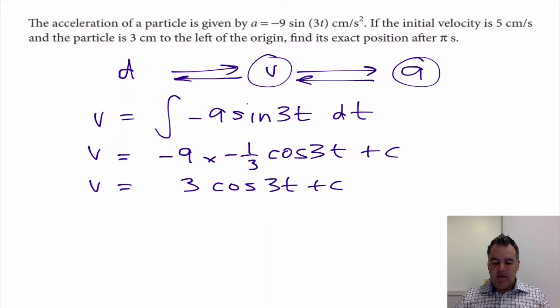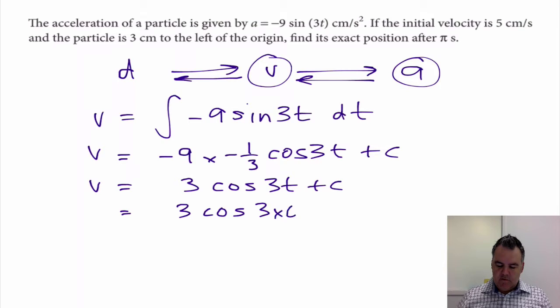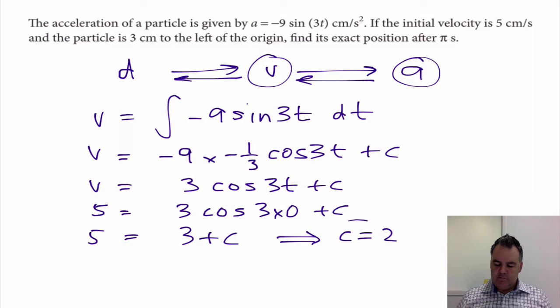Now we're told that the initial velocity is 5 centimeters a second. So when t is equal to 0, v is equal to 5. Okay, so that then tells us, remember cos of 0 is 1. It gives us this. So that tells us that c is equal to 2.